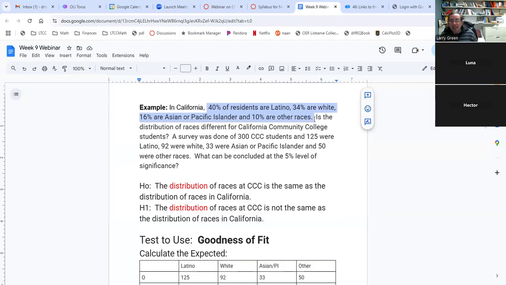So that would mean that if 40% of all California community college students were Latino, and you randomly grab 300 students, then any guess on how we find how many we would expect would be Latino of those 300 people? The hint is it's not a trick question. Any thoughts?